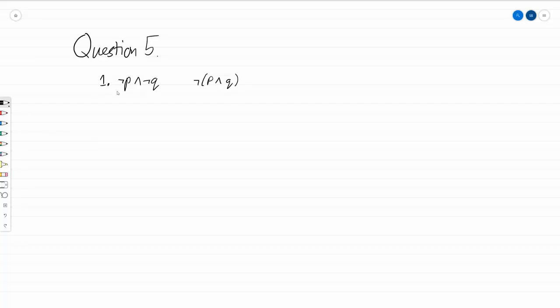Sweet. So the idea here is it's saying, are these logically equivalent? So, are they the same? Basically what we want to go through is we can do the truth table. That's totally fine.